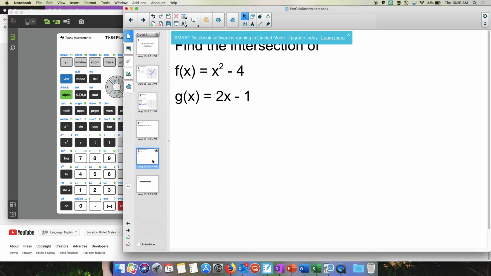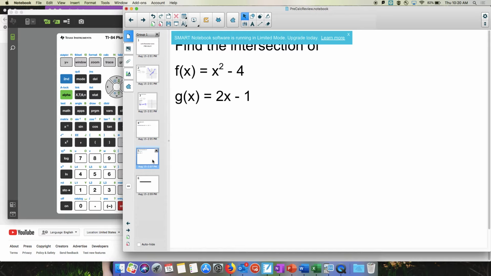Now, yes, we could set two equations equal to each other and solve, but if we had like a cubic equal to a 4th degree, you don't really want to solve that. So sometimes it's easier and more efficient to use our calculator. If I want the intersection of these two graphs, first of all, we would want to graph them.